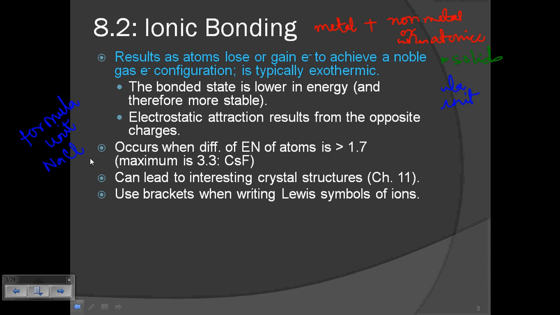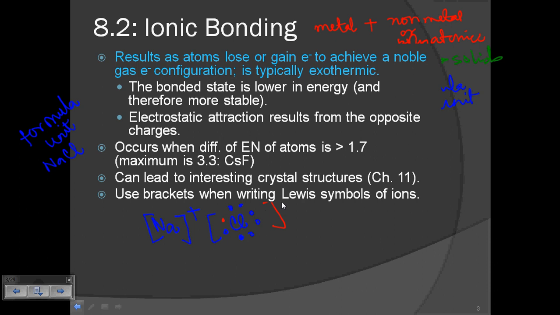And how do we write the Lewis structure for ionic compounds? For writing the Lewis structure for ionic compounds, you write sodium and you write how many valence electrons it has. Well, the sodium ion has no valence electrons, right? Because it had one valence electron that it transferred to chlorine to form the chloride ion. So chlorine had 7 electrons, and I can draw the 8th electron with a different color so you can see that.